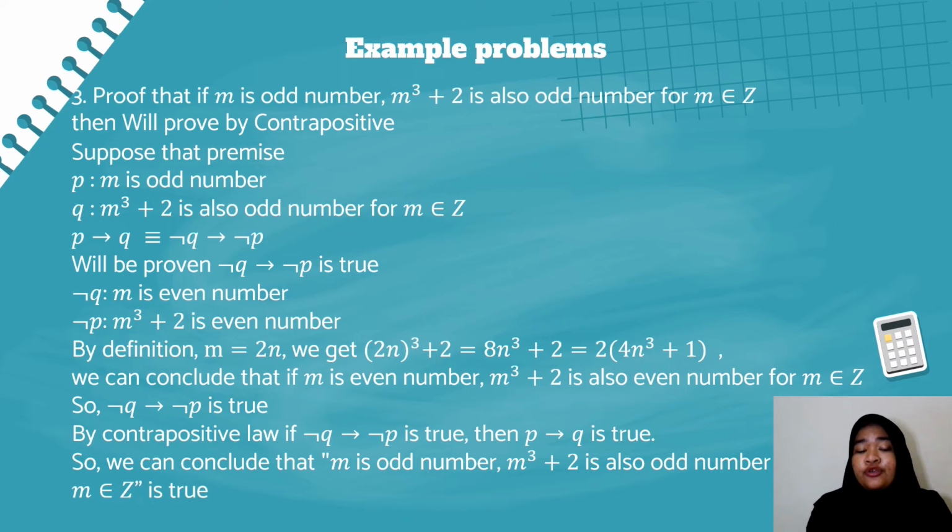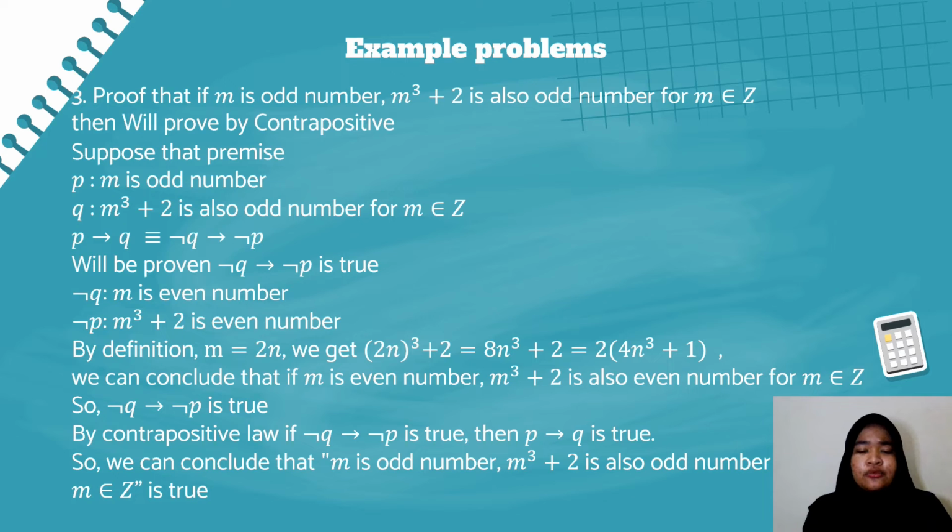Negation of Q states m is an even number. Negation of P states m power 3 plus 2 is an even number. By definition, because m is an even number, we get m equals 2n, and we can substitute 2n into m power 3 plus 2.